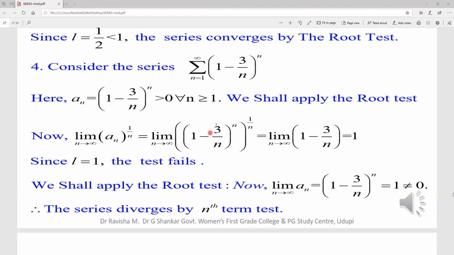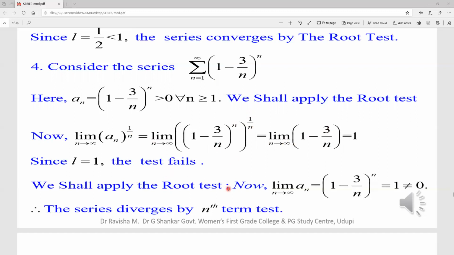The n and 1 by n get cancelled, remaining 1 minus 3 by n. When n goes to infinity, this goes to 0, so L is 1. The test fails.